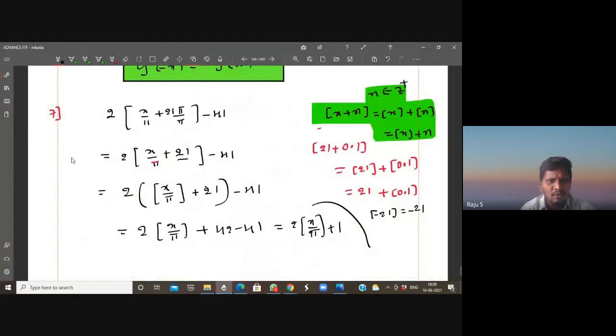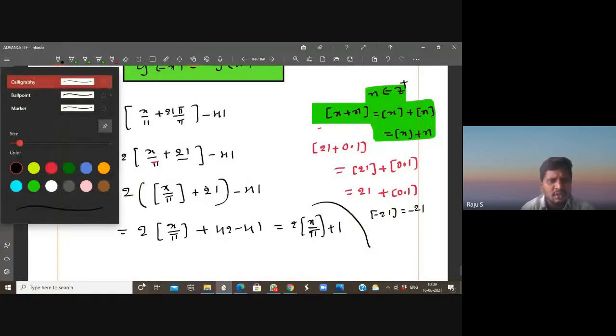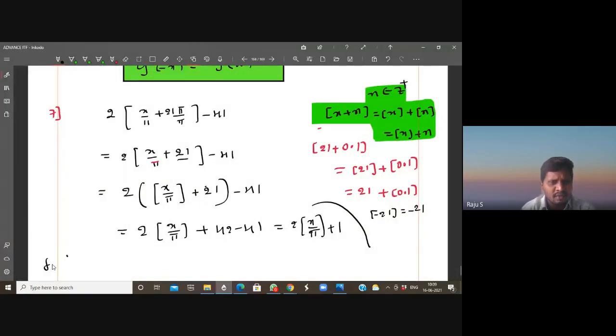Anyhow, I'm going to write the function here. f of x is finally x into sin x plus tan x, all divided by the denominator, 2 times the greatest integer of x by pi plus 1. Now we have to check whether it is even or odd.